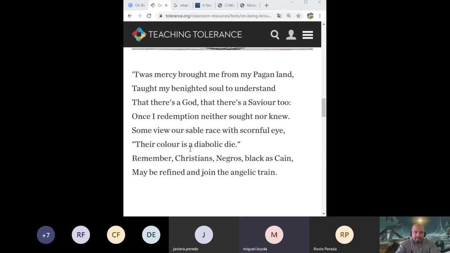So I believe that what she's saying implicitly here is that everything that she and her brothers have been through is a test from God himself, that he took them from their pagan land, and he gave them the opportunity to become better. And lastly, the angelic train, wouldn't this be referring to the Underground Railroad, that system of interconnected routes and safe houses to free the slaves?